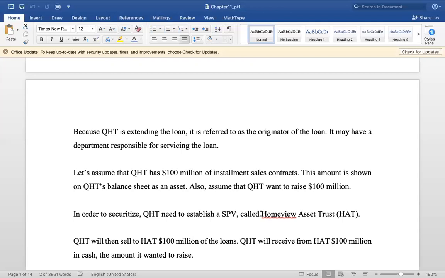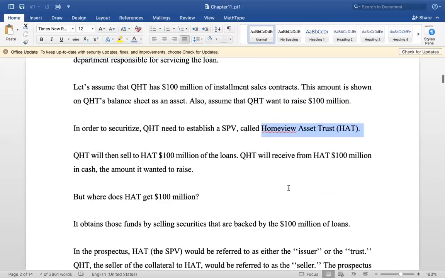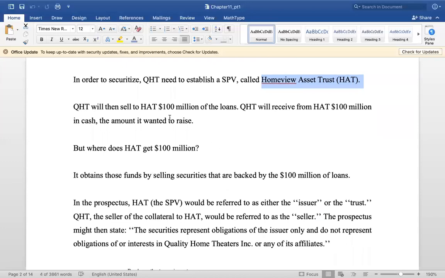Let's suppose it's a Home Asset Trust established by QHT in order to raise those 100 million. QHT will sell 100 million of loans to HAT, and HAT will provide 100 million in cash. But now the question is, where does HAT get 100 million? It obtains those 100 million by selling securities that are backed by these 100 million loans.